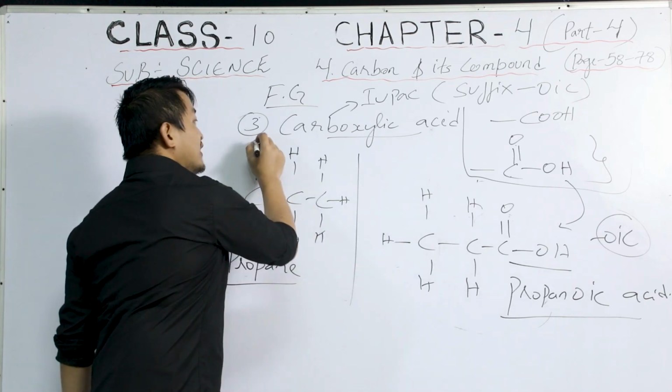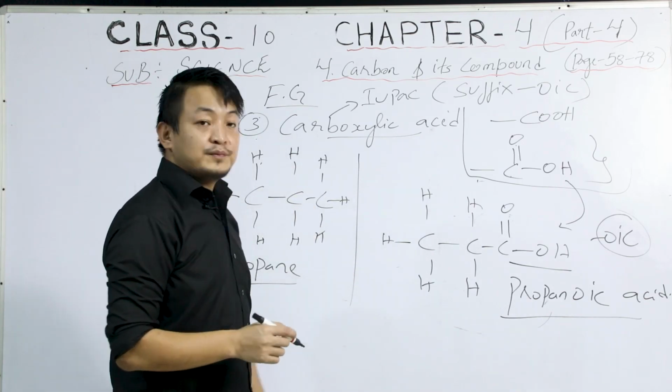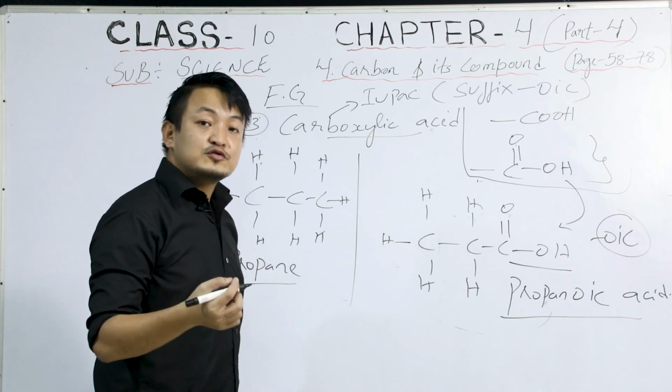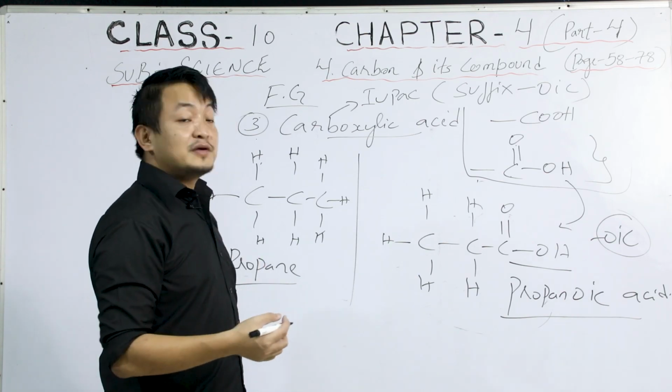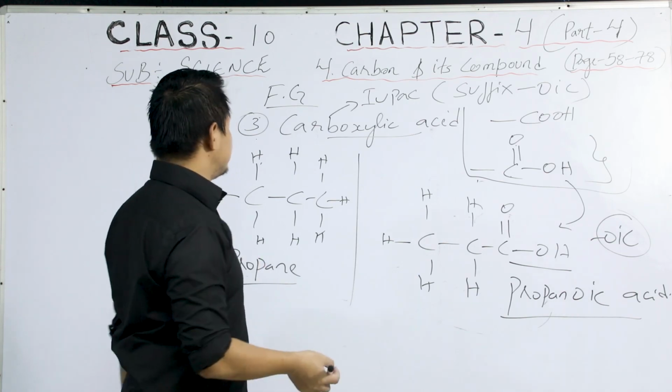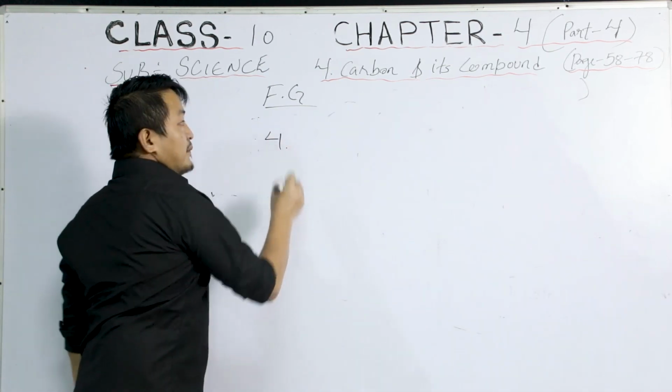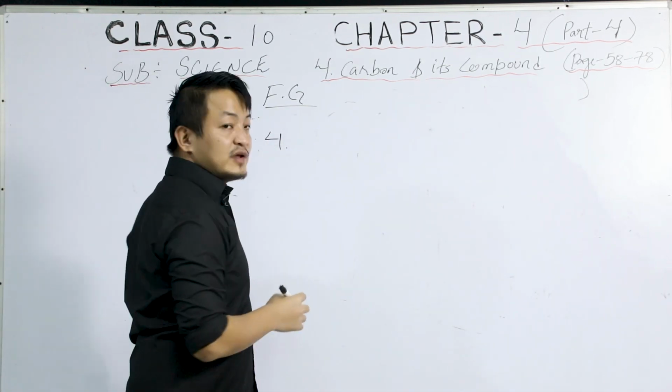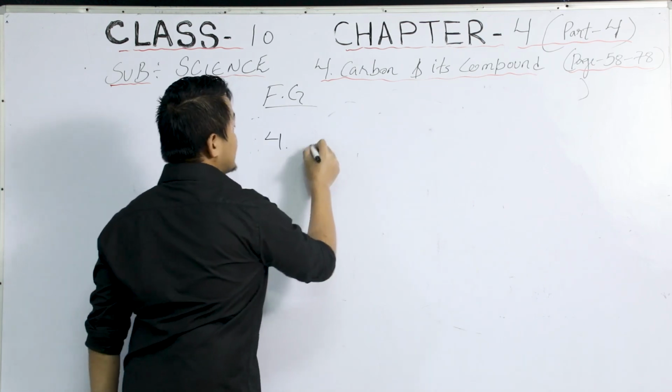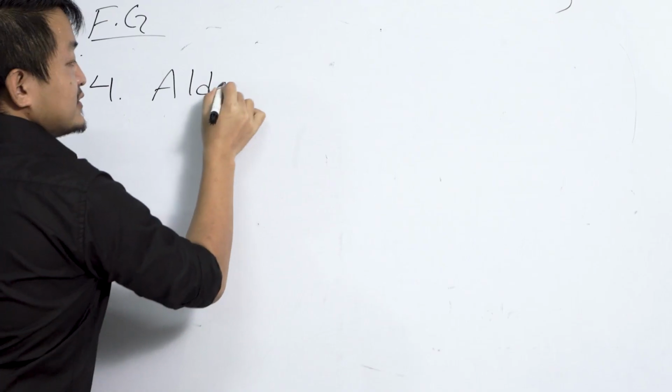So this is our third functional group, and let's see another two functional groups. So that will be aldehyde. My dear students, the fourth functional group that we are going to discuss would be aldehyde.